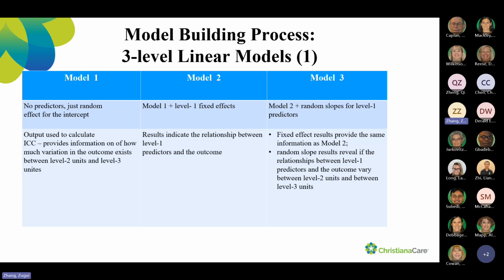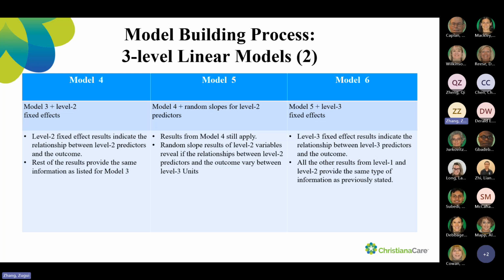The basic process of building a 3-level model: first we build the no-predictor model, just the random effect for the intercept, and then we add level 1 fixed effects, and then we add a random slope for level 1. This is just like what we did for the two-level model. And then we will add the level 2 fixed effects.